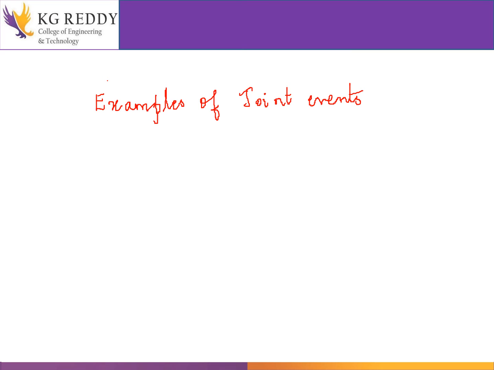Yes, I hope you have thought of examples related to joint events. There can be many such examples. Whenever we are playing cards, when one event is related to another event, we can find the intersection.